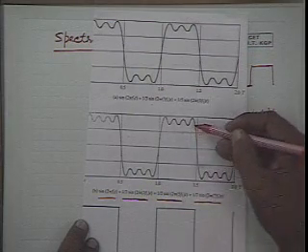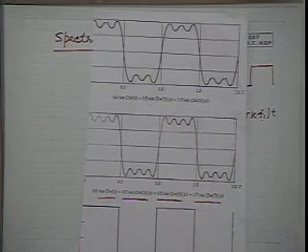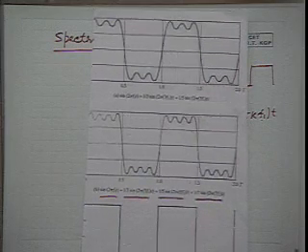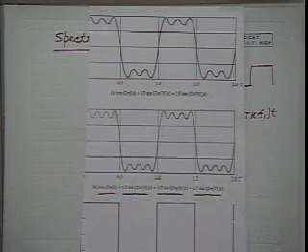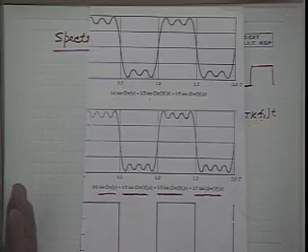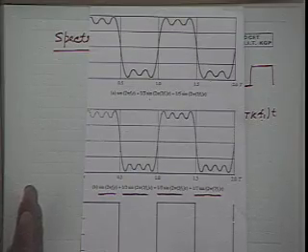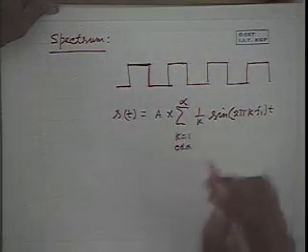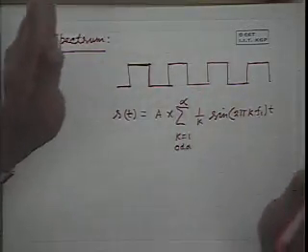So it is a closer approximation of this rectangular wave. So in this way, we can see that a signal comprising an unlimited number of frequencies can be approximated, and the band of frequencies it comprises is known as its spectrum. So spectrum is the range of frequencies the signal contains.